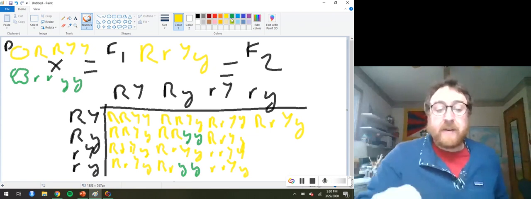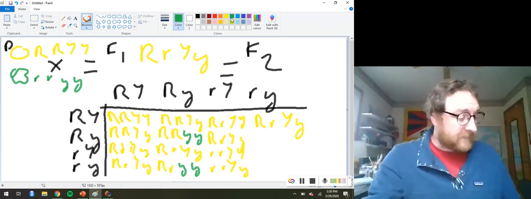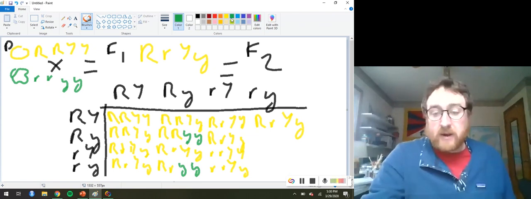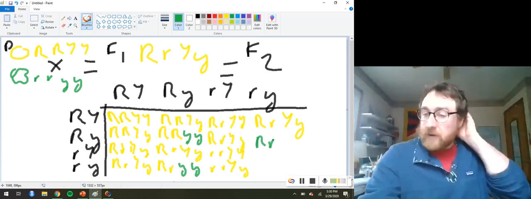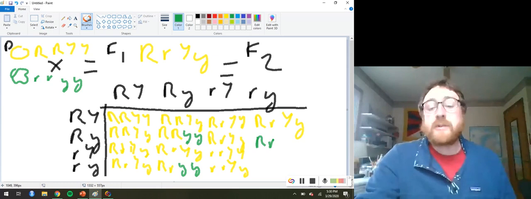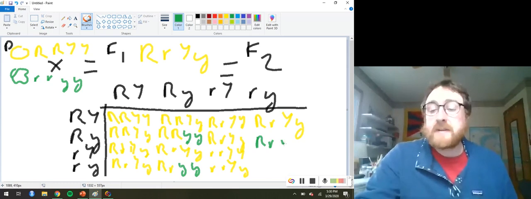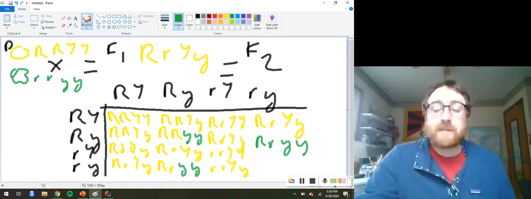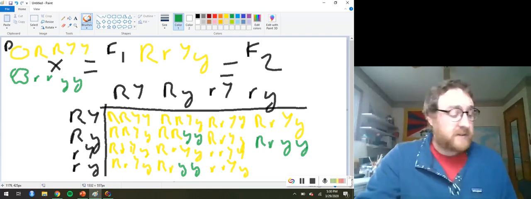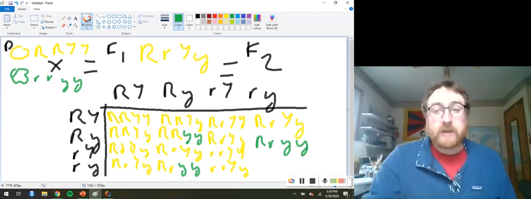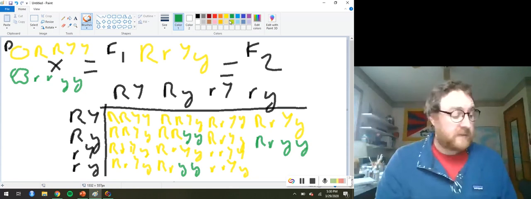Next, we have big R, little r again. So this individual is going to be round, but we have two little y's, so that makes it a green individual. And then we have two little r's, so this is going to be a wrinkly individual.